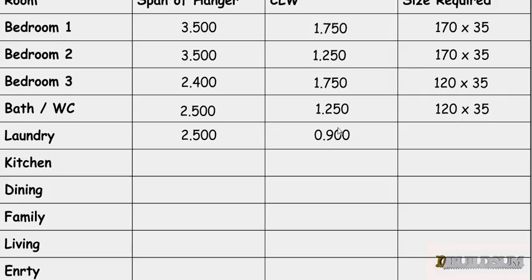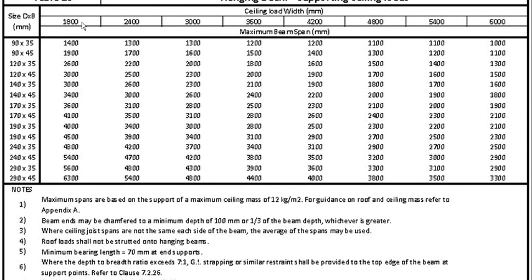Again, even though our ceiling load width is only 0.9, it's not going to change because we still have to use the 1.8 column. So 120 by 35 is the hanger for that room as well. Kitchen, 3.54 metres is our span, and 1.750 is our ceiling load width. So same column again. We can get away. Just let me go back.